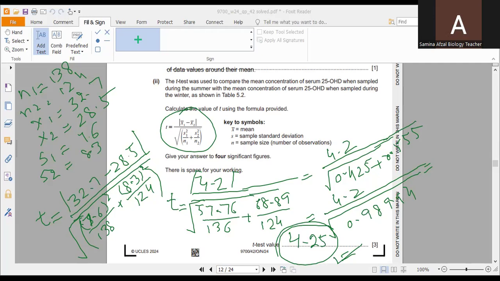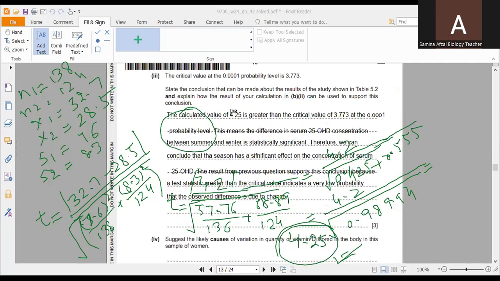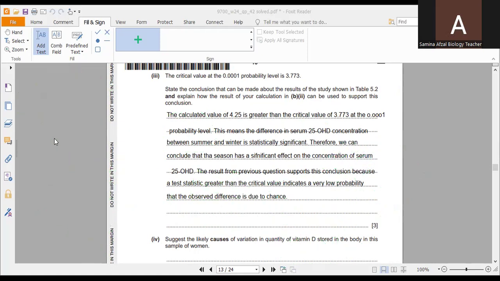Now I am moving towards the next question. The next question is: the critical value at the 0.001 probability level is 3.77.